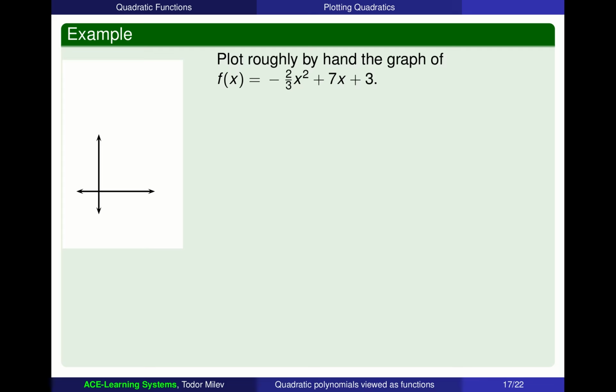As said, our first task when plotting a quadratic function by hand is to find out where the vertex is. So, what is the x-coordinate of the vertex of the parabola given? I'm sure you guessed it correctly.